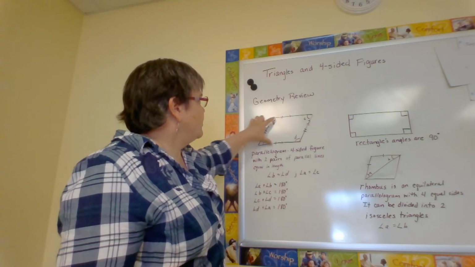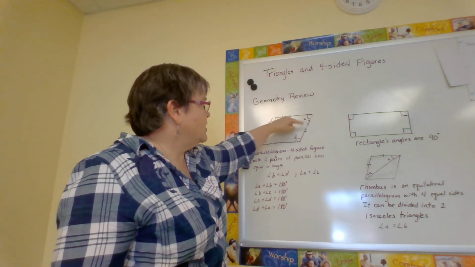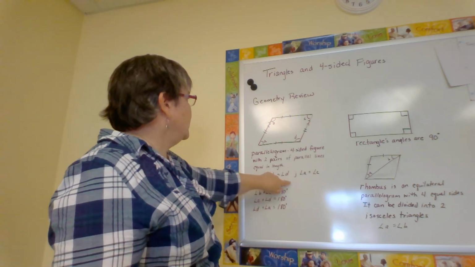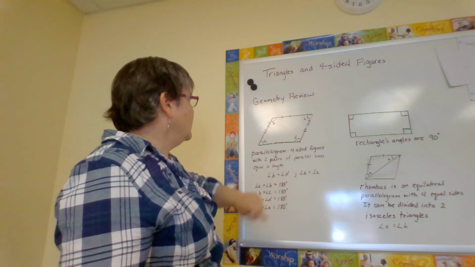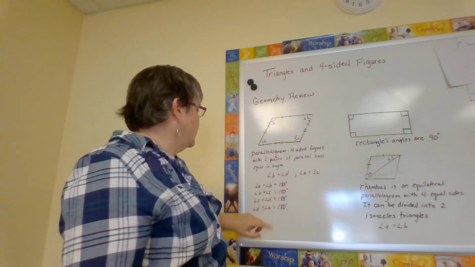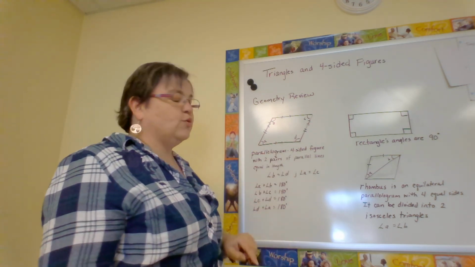So if these lines are parallel, angle A and B equal 180, and angle C and D equal 180. Then I can look at these two parallel lines and say that B and C equal 180, and angle A and D equal 180.